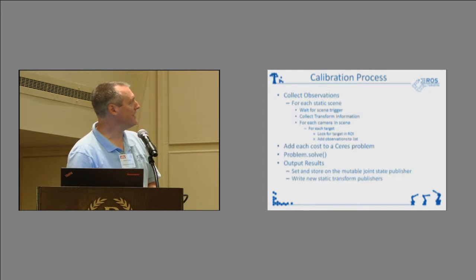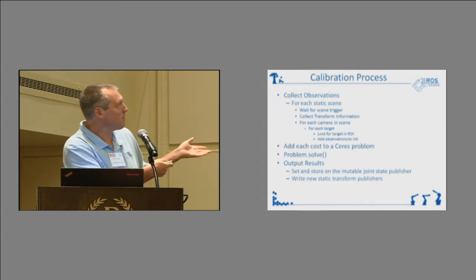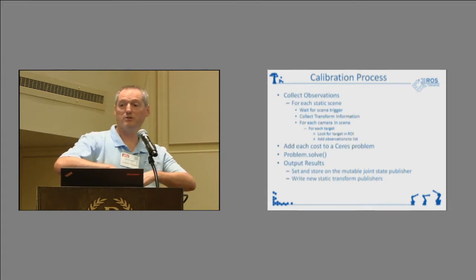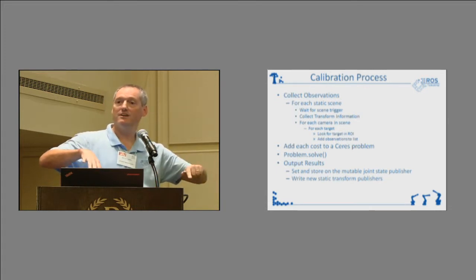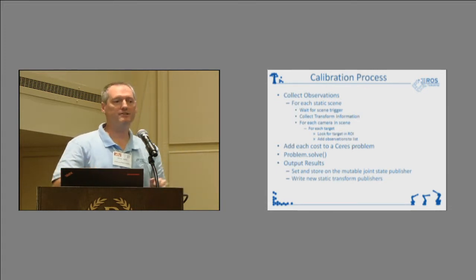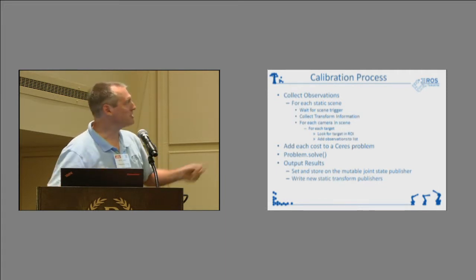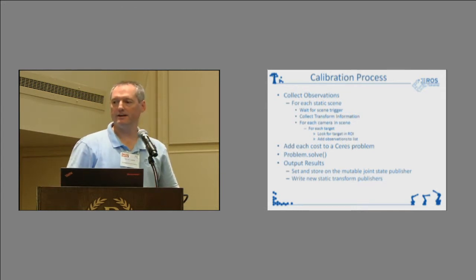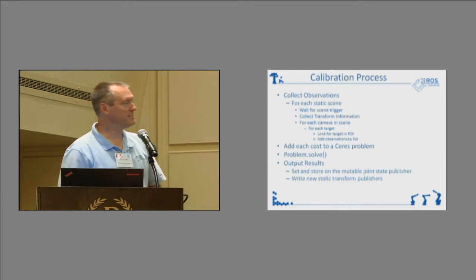Okay, and then the Ceres solver simply says problem.solve, and it goes through and adjusts all the parameters, or the variables, I should say, using all the information that's been collected, and then outputs the results by storing the information in the mutable joint states publisher, and then writes any static transform publishers that it was required to write, and you have the solution.